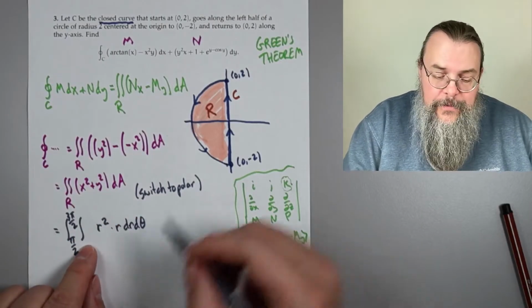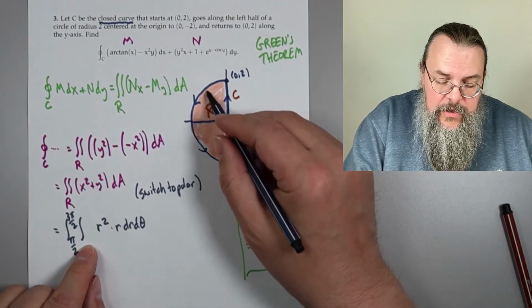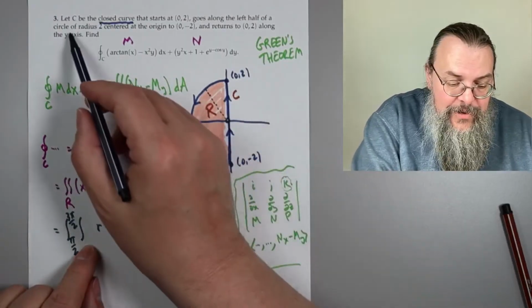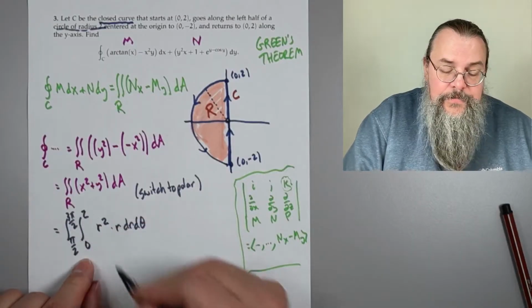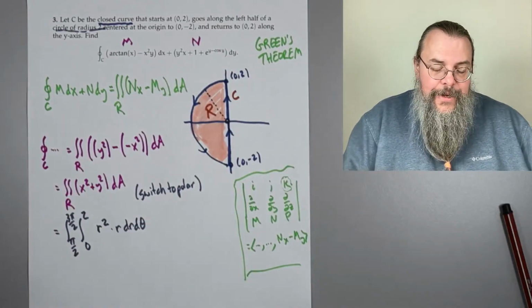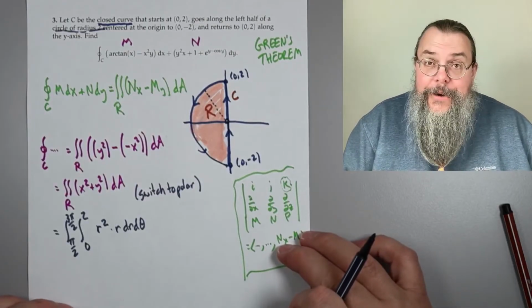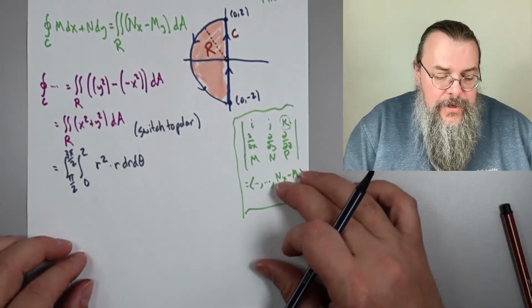Where does r go from? Well, from the origin, we go out till we hit our circle. And it's the circle of radius 2. It even says it, circle of radius 2. Okay, so we're going 0 to 2. Well, we're pretty much there. We've got our setup. And now we have things which are pretty straightforward to integrate. Still have to do it.